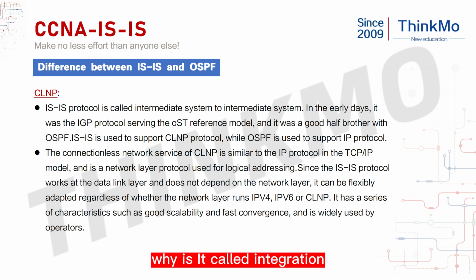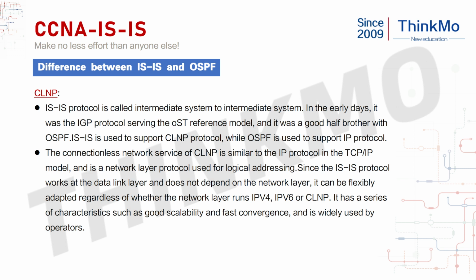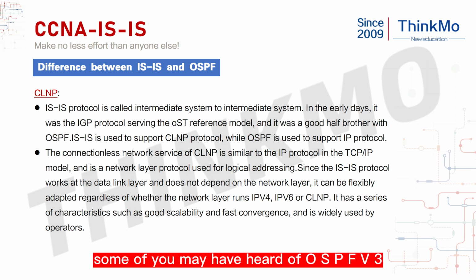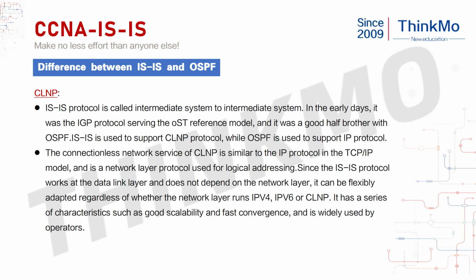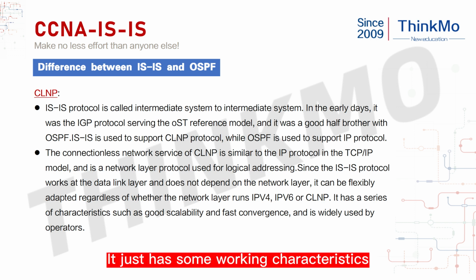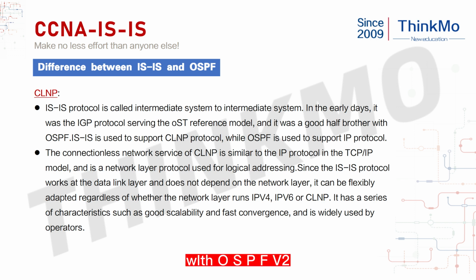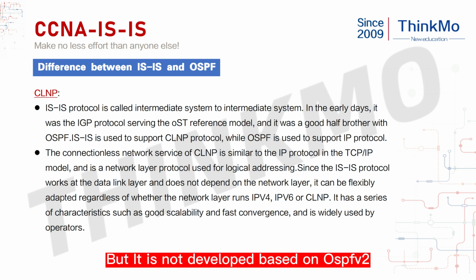Why is it called integrated? Because IPv4 and IPv6 are both supported. Things like OSPF don't scale as well. Some of you may have heard of OSPFv3. It just has some working characteristics in common with OSPFv2, but it is not developed based on OSPFv2.